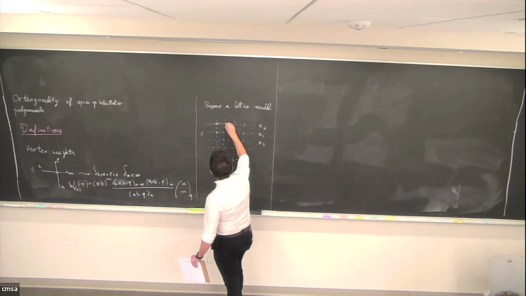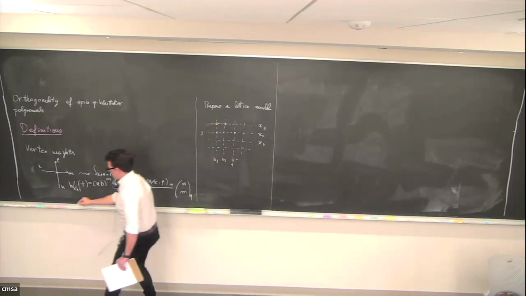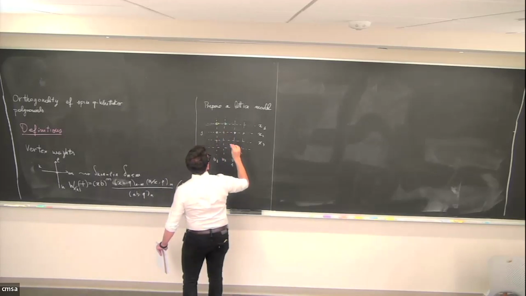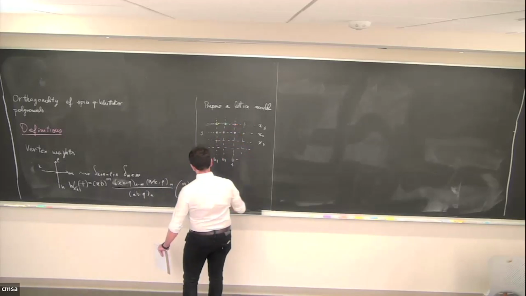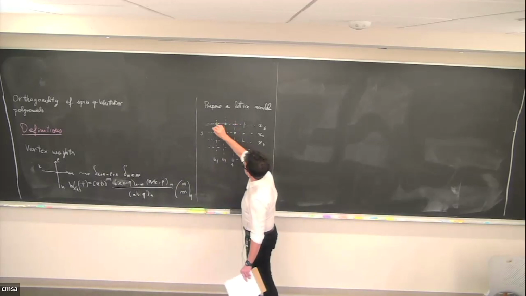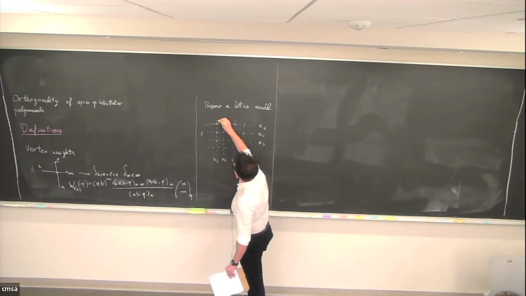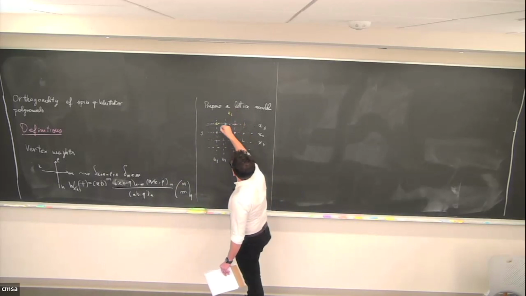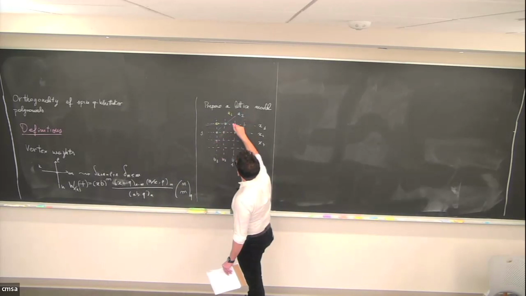There is going to be a first diagonal, a second diagonal, a third diagonal, and so on. To the first diagonal we associate the weight a1, to the second diagonal the weight a2, the weight a3, and so on.